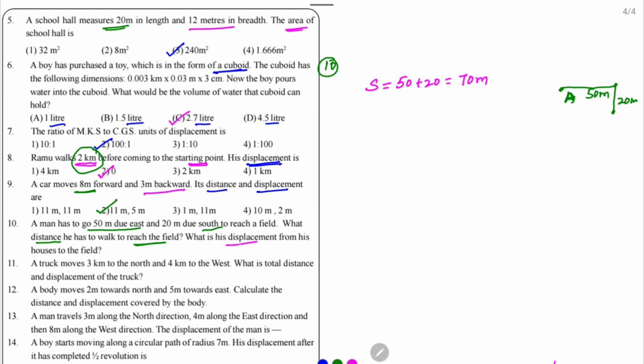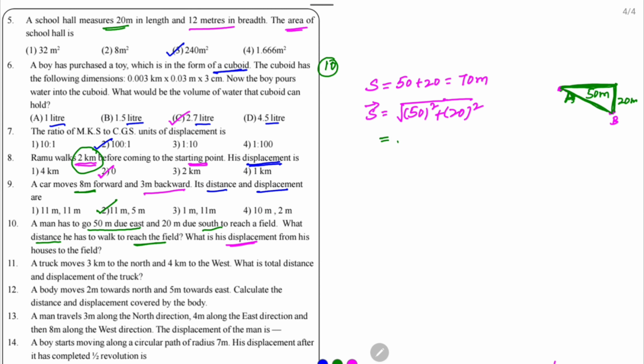And what is his displacement? Displacement is nothing but the shortest distance between the initial point and final point. I say just draw a straight line between initial and final points, that gives you the displacement. So let's find this displacement AB. Which is square root of 50 square plus 20 square, since it's a right angle triangle, right?